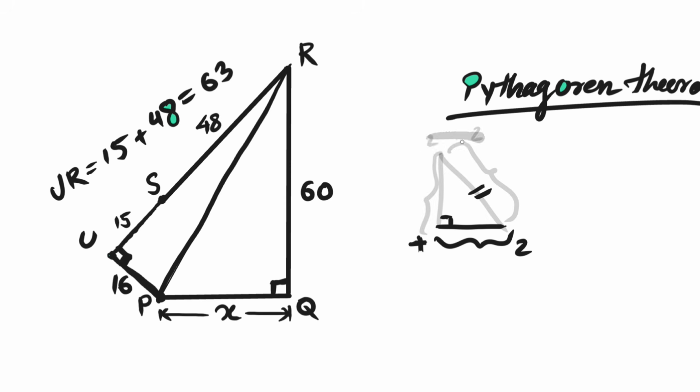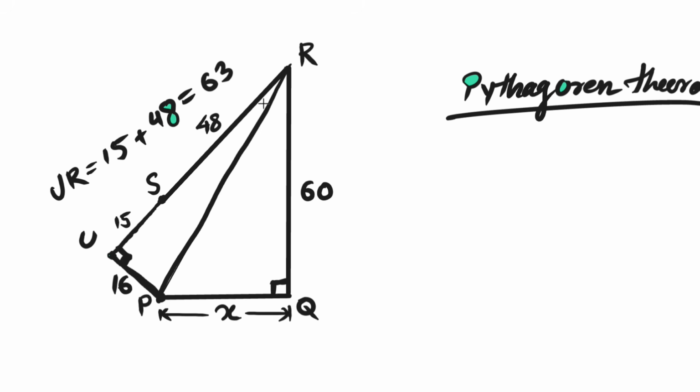So, in triangle UPR, our two legs are UP, which is 16, and UR, which is 63. And our unknown hypotenuse is PR. So we write 16 squared plus 63 squared equals PR squared.